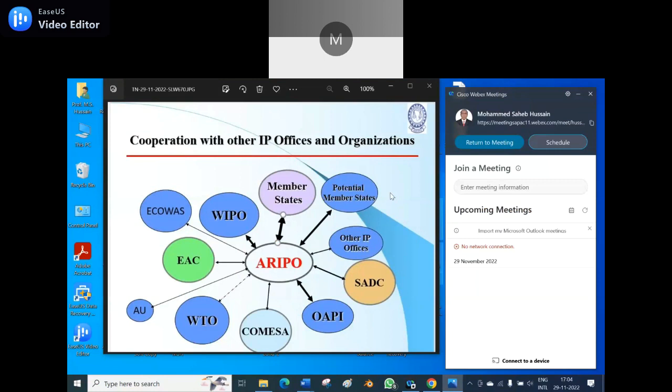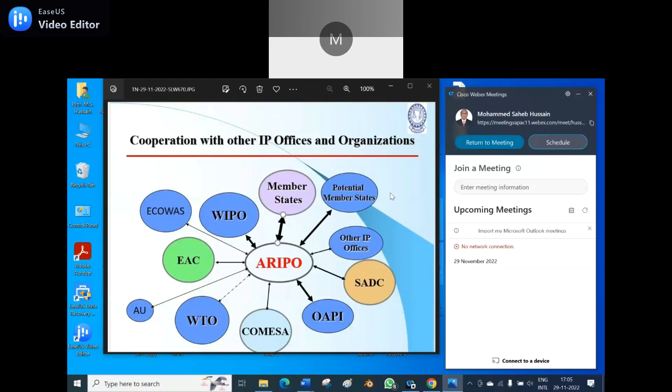What I posted on the screen is cooperation with IP offices and organizations, and we are going to read ARIPO, that is the African Regional Intellectual Property Organization, which has links with: number 1, member states; number 2, potential member states; 3, other IP offices; 4, SADC; 5, OAPI.